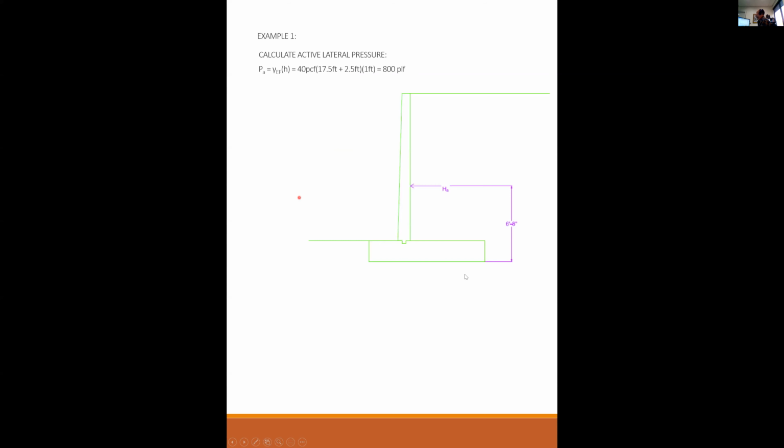That's my pressure, and that's at the bottom of the footing here. You think it's just on the wall, but the pressure's on the back of the footing too. And that adds to the whole thing trying to slide over. So don't forget about the back of the footing.